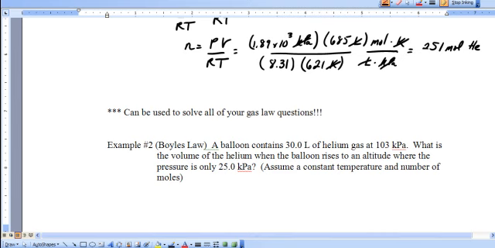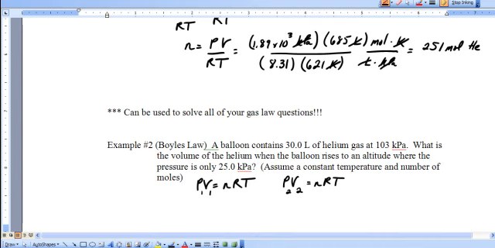Okay, so here's what you do. You have PV equals nRT. Now, another way that we can think of this is to simply say that we have P1V1 equaling nRT. The pressure times the volume is always going to be equal to nRT. It doesn't matter if we're talking about before the balloon rises or after the balloon rises. So we can still say PV equals nRT after the balloon rises, but we're going to have a new pressure and a new volume.